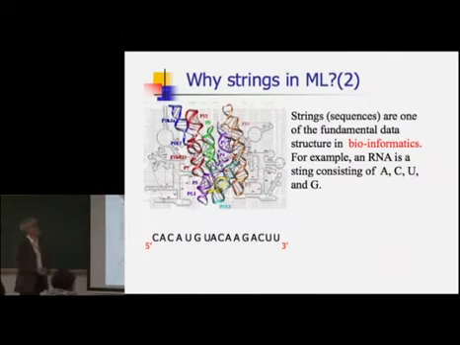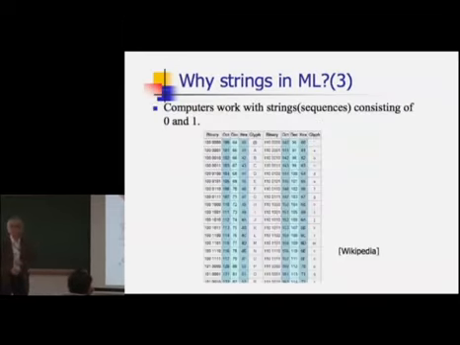Also, strings are used in so-called bioinformatics. You know that RNA or DNA can be represented with sequences. In the case of RNA, just like this, it is a sequence consisting of 4 characters, A, C, U, G. So this kind of sequence of strings is very familiar in biology now.